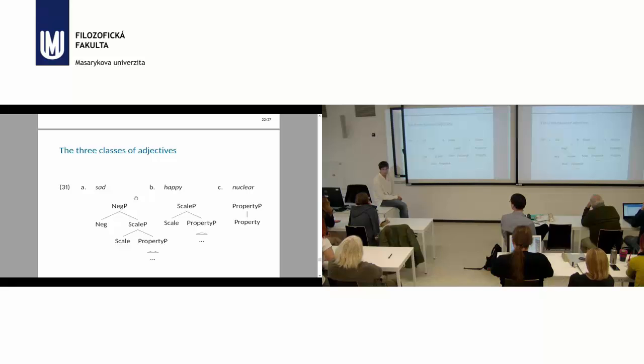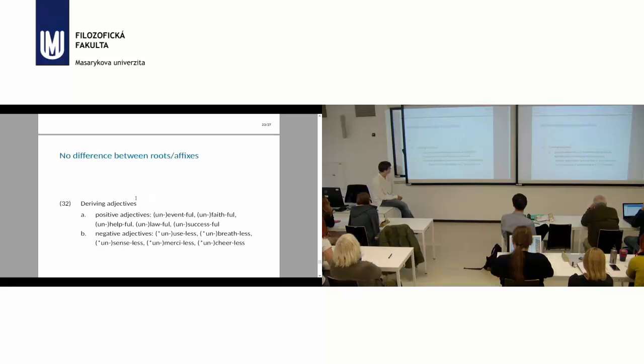Okay? Now, why do I want to say that there is this kind of syntactic structure inside these adjectives? The reason for that is that the positive and negative adjectives go beyond simple roots. So you can also have affixes which derive positive adjectives. So you can be eventful or fateful.